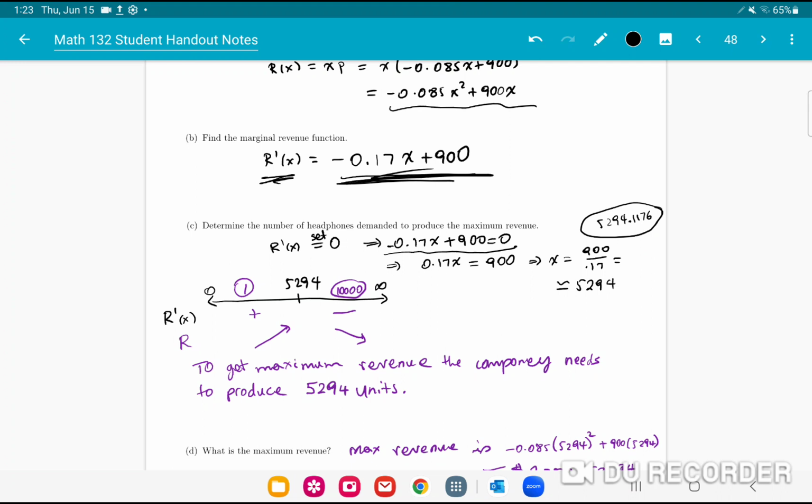Knowing that we're talking about X units of production, number of headphones, I rounded it to a whole number. That's just the potential maximum production. We have to check using the first derivative test.